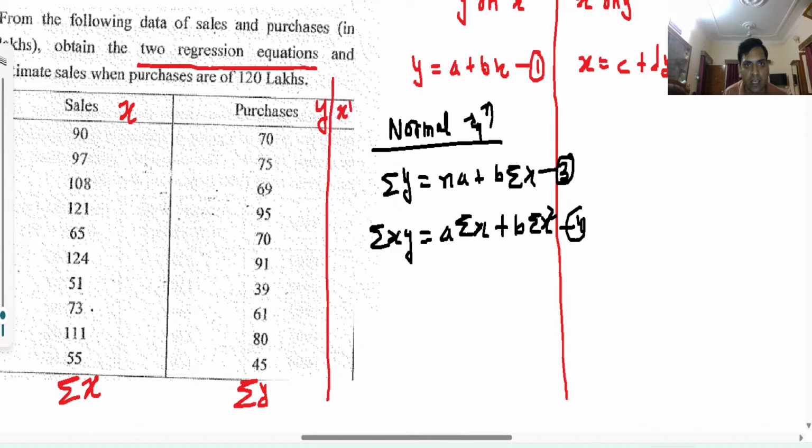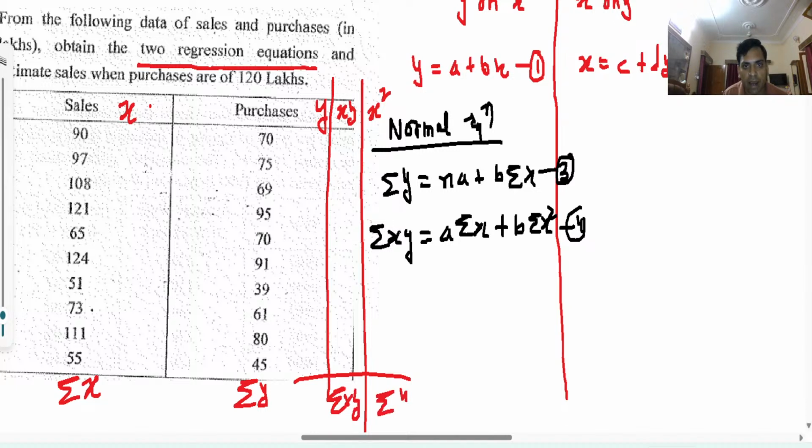The first is x into y, the product of this and this, and the second is the square of x, for example square of 90. In that way you will get summation xy and summation x square from these columns. Then you will put all these values in these two equations.